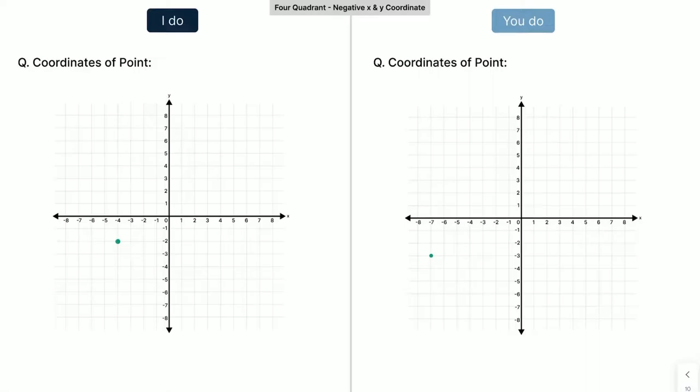And now we've got a negative x and a negative y coordinate. So same rules apply. We're going to find the x-axis value first, that is -4, and then the y-axis value, which is -2. Again, press pause and have a go at the one on the right. So the x-axis value here is -7, and the y-axis value here is -3.